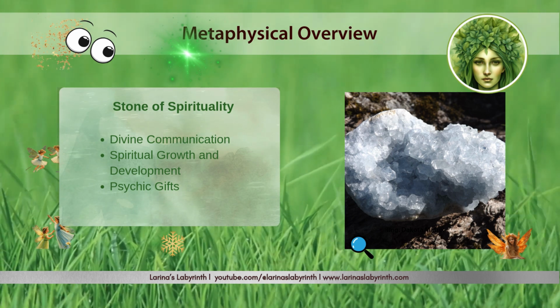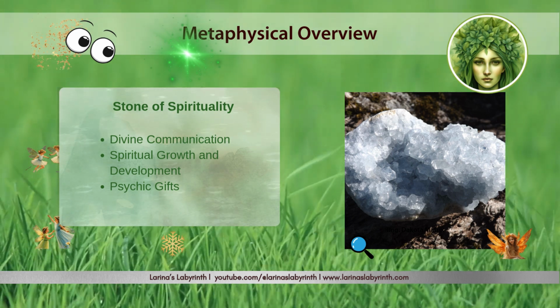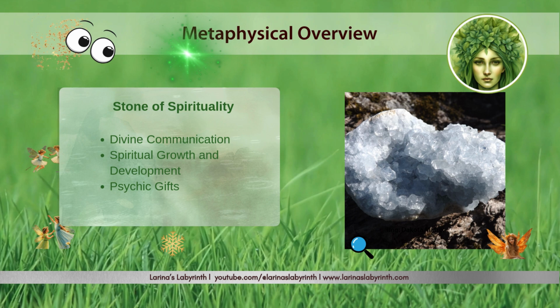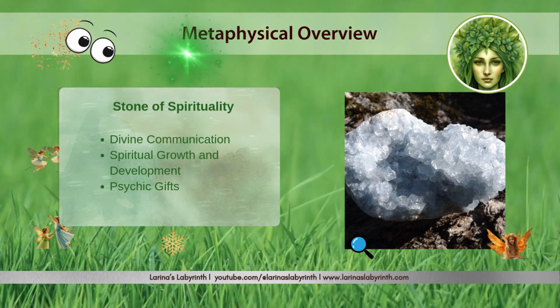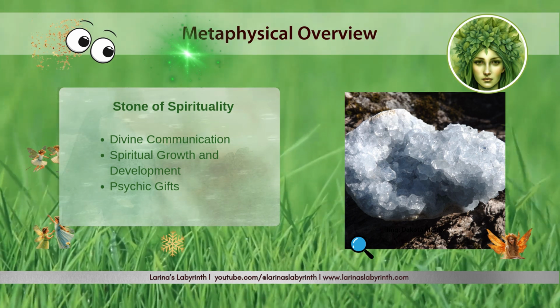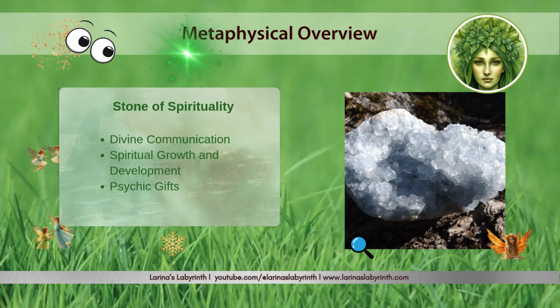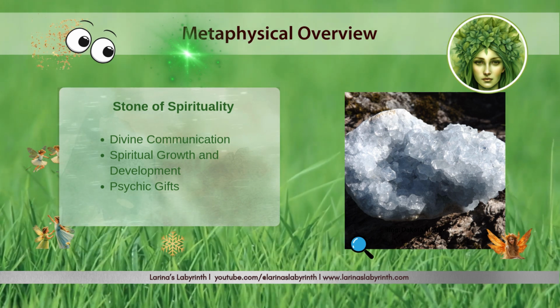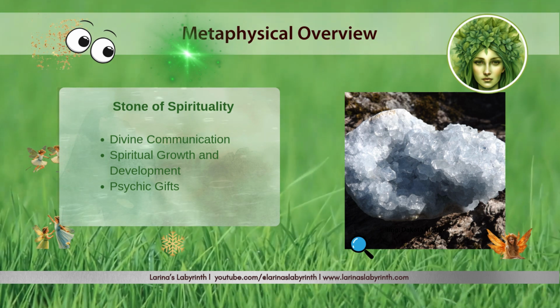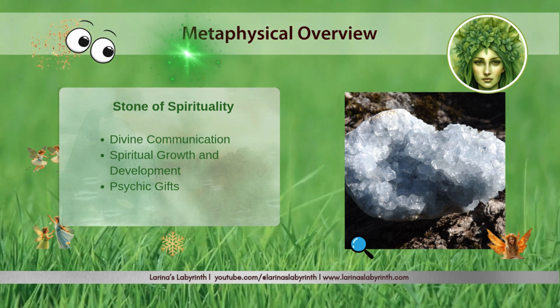So, as an overview, just a summary of the metaphysical attributes of Celestite, you can see here that they include divine communication and enhancing your spiritual growth and development, as well as your psychic gifts. So, it's also associated with things such as astral travel, spirit communication, connecting with your spiritual guides, all of this kind of thing.